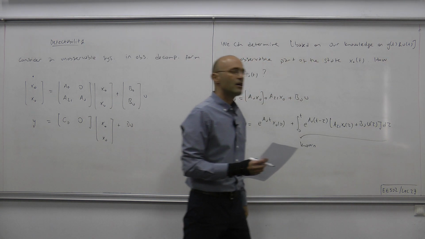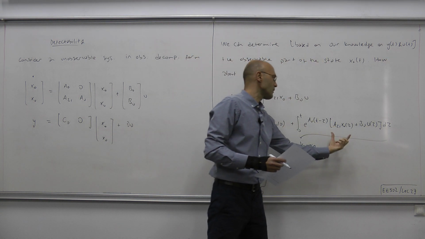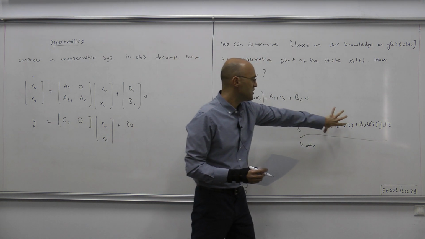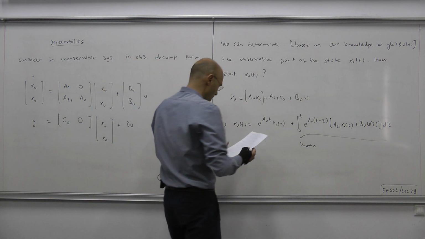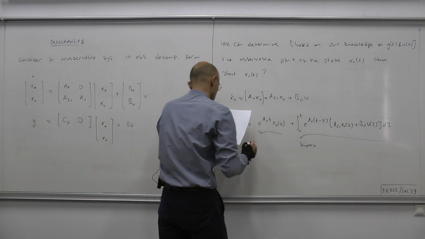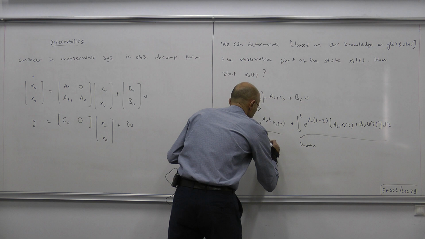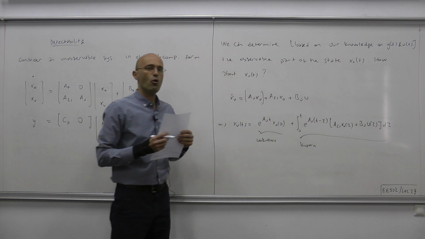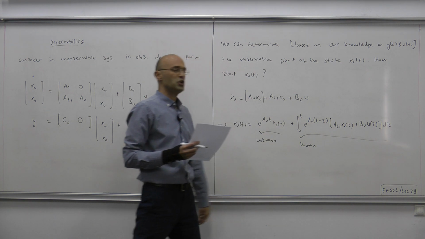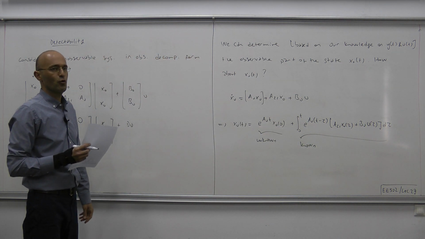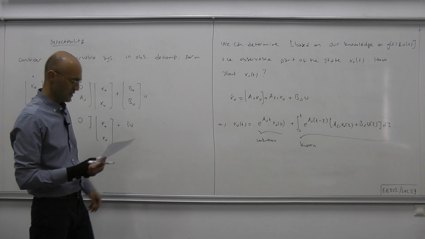Therefore, all the signals here are known. As a result, this integral can be computed, that means this piece we can compute. So that's known. However, this part is unknown because there's no way that we can determine exactly what the initial condition for the unobservable part of our system is.